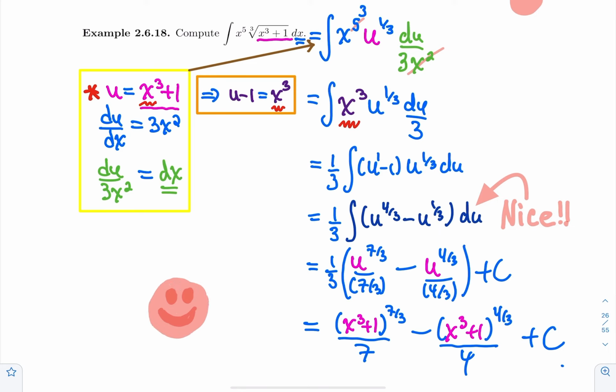You have to look at this equation and see if you can use it to isolate whatever's left in your integrand. As you can see in the last two examples, I was able to use the original u substitution equation to rewrite my integral with respect to u only.